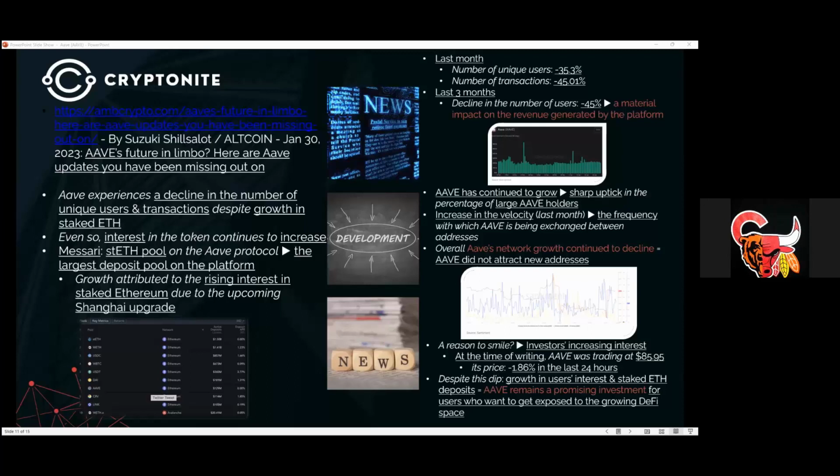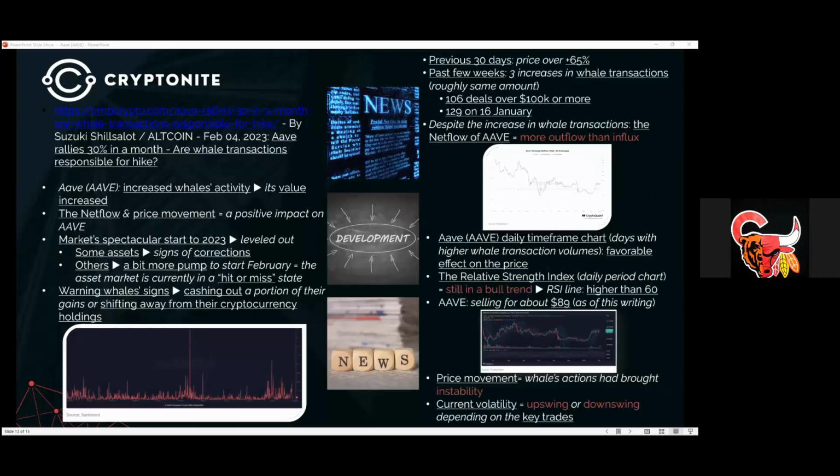Definitely the coin has made a nice recovery, around $85, because it had dropped all the way down to about 50 back in November. So over the past 30 days, basically we've seen a 65% increase in the price. And a lot of that was due to some whale transactions.